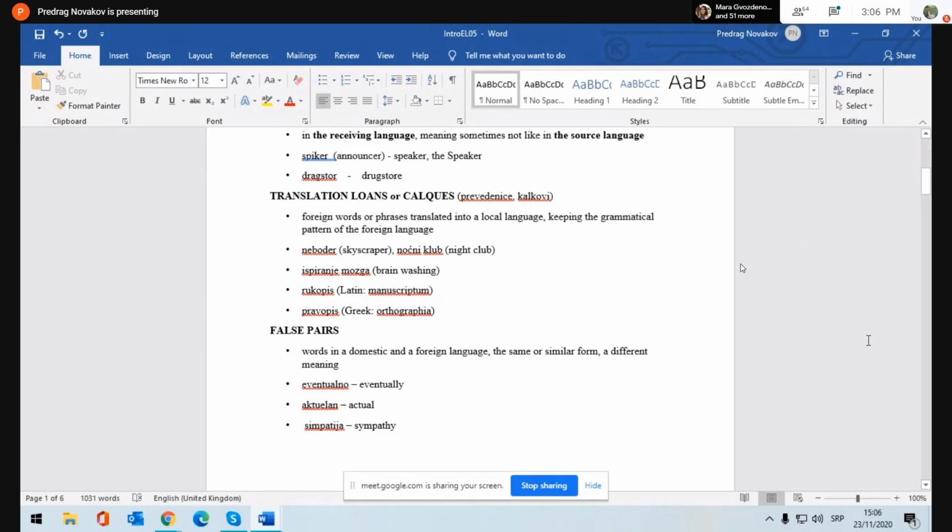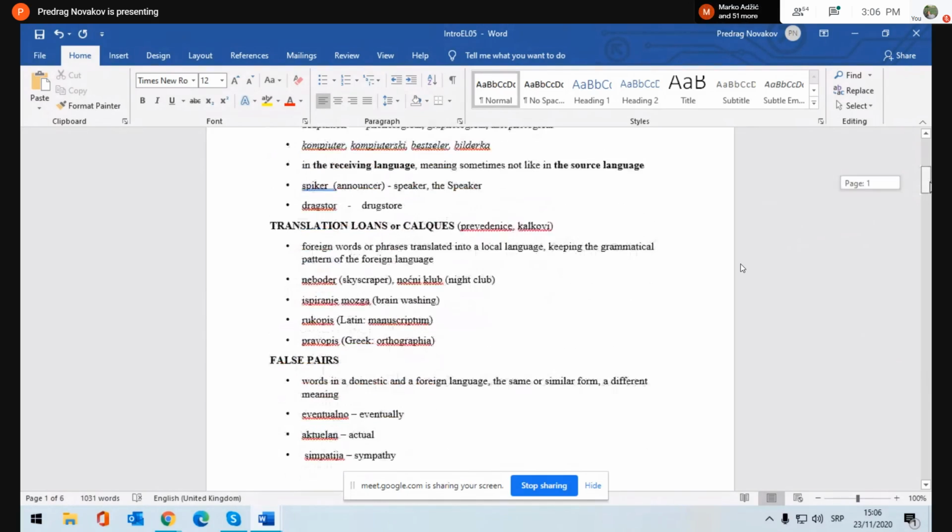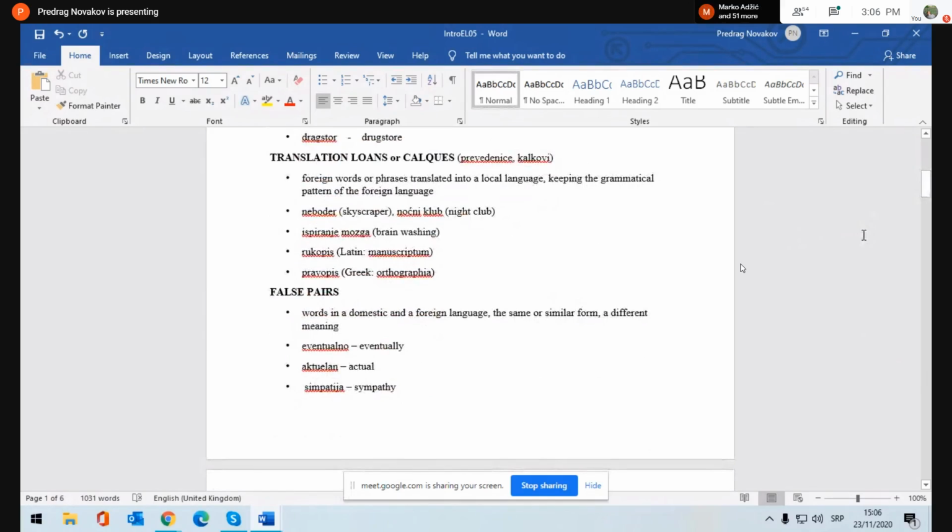Yes, exactly. Okay, so borrowing, in addition to creating new words, and another process. If you do not want to borrow a word or create a new word, you can use the so-called translation loans or calques. We call them kalkovi or prevedenice, okay?